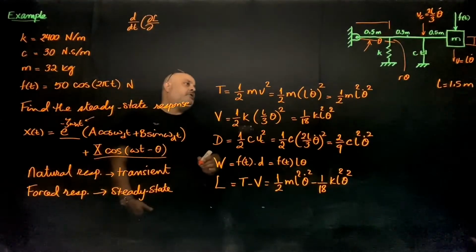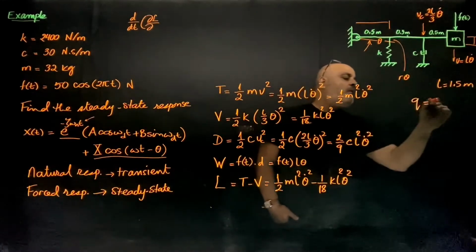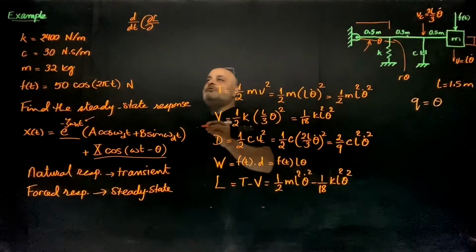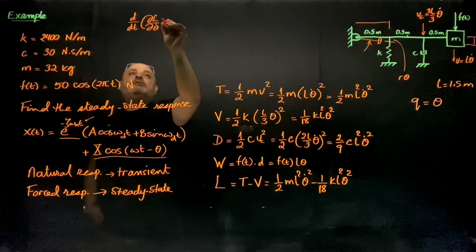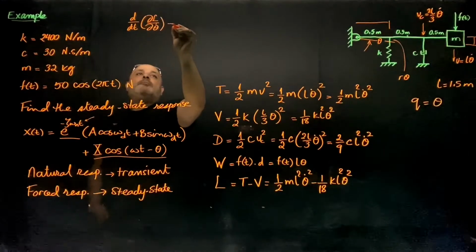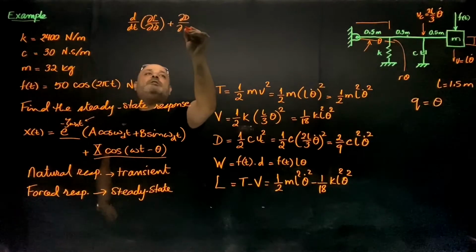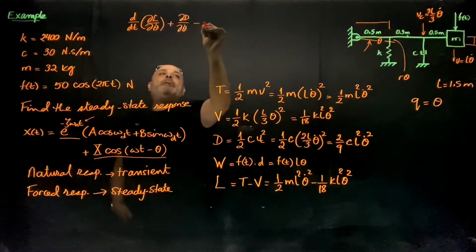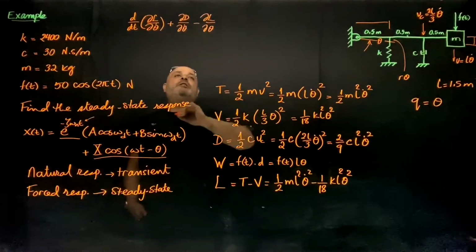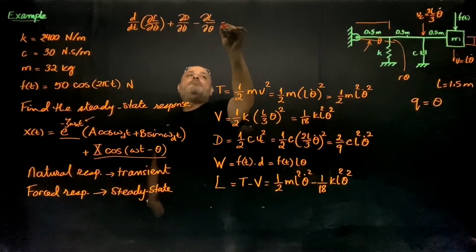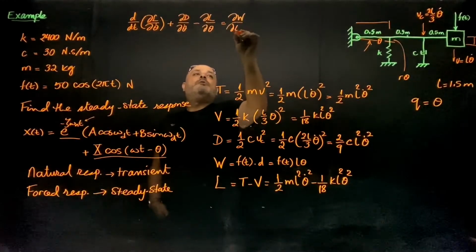In this case, our q is theta, so this will be with respect to theta dot, plus the partial of the dissipation function with respect to theta dot, minus the partial of the Lagrangian with respect to theta, equals the partial of the work with respect to theta.